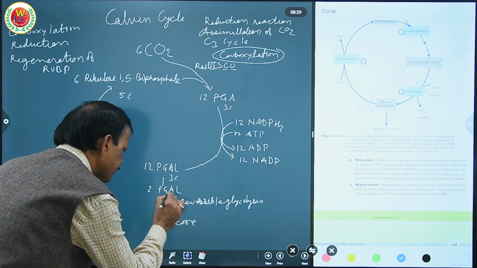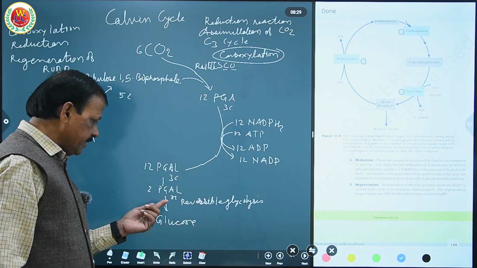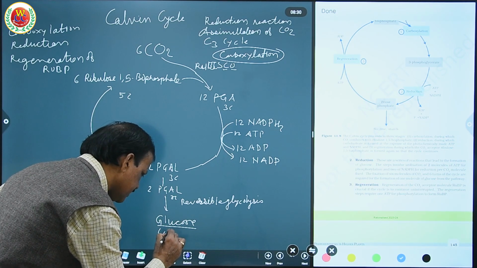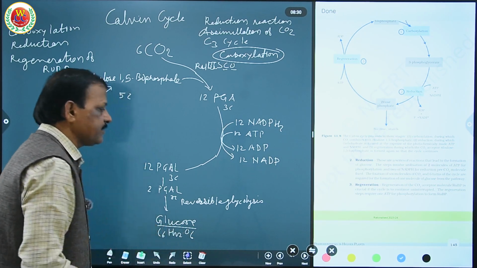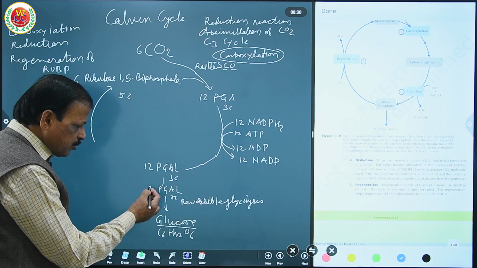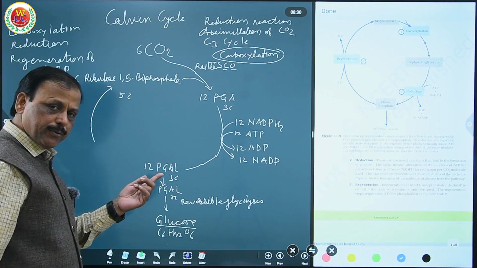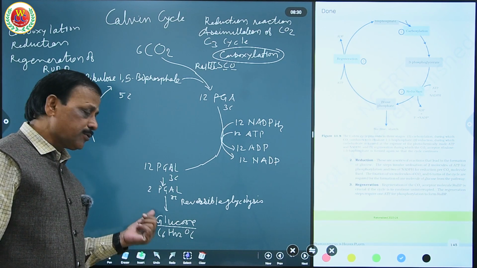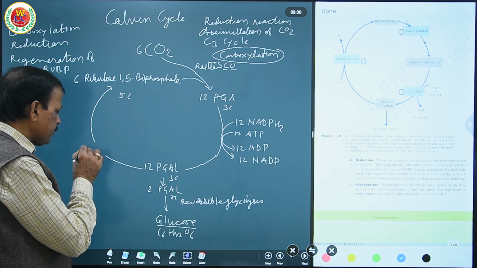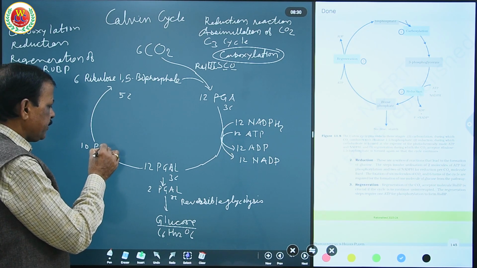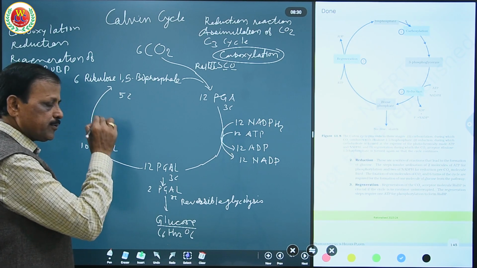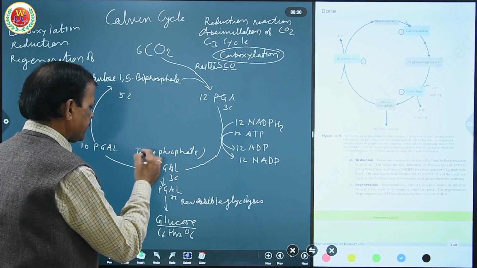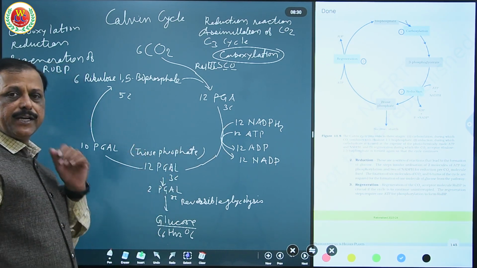As this is a 3 carbon compound, 2 molecules of PGAL, that is 3 into 2, 6, produces glucose with 6 carbon, C6H12O6. Since 2 molecules out of the 12 PGAL undergo reversible glycolysis to produce glucose, the remaining are 10 molecules of PGAL, triose phosphate. Triose phosphate is also known as phosphoglyceraldehyde.